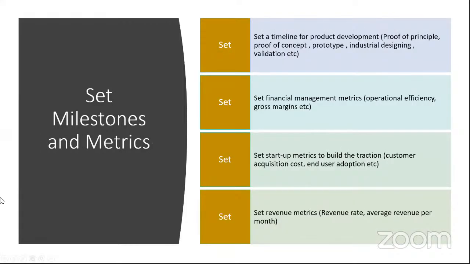Okay, but simply by considering an idea and achieving some of the goals that you have set doesn't make a process market ready. You need to set certain milestones, and these milestones will be there so that the product can actually reach maturity. For example, you need to finalize the timeline for product development.